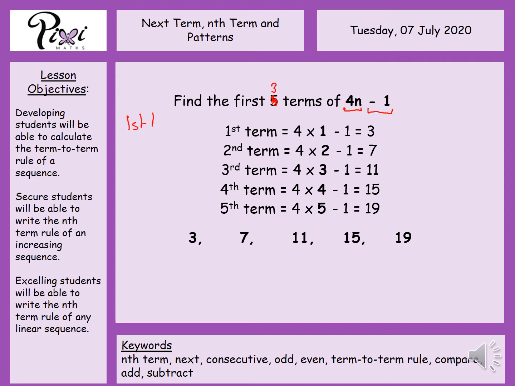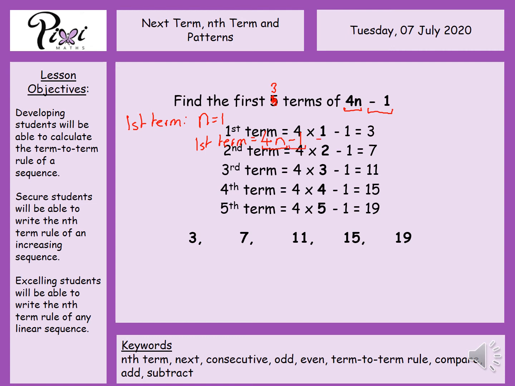So first term. Because it's the first term, n is going to equal 1. So we write first term equals, then just like before, we write out the algebraic form first. So 4n, that is 4 times n, and then after that we're going to minus 1.